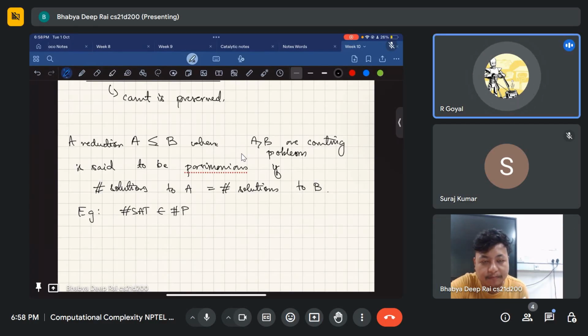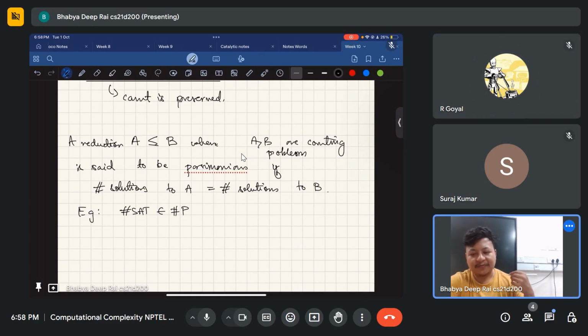Because, according to the definition, we can have a non-deterministic Turing machine which runs in polynomial time, and that will give me the count of the satisfying assignments. Exactly, the same algorithm as for non-deterministic SAT will work here. But sharp SAT is also sharp P complete.